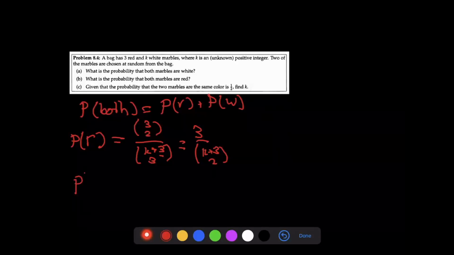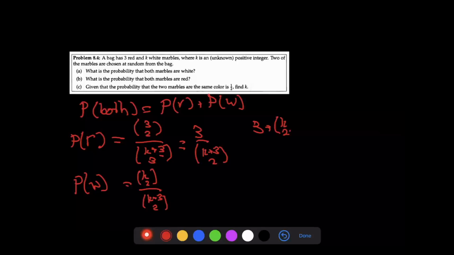What is the probability that both of them are white? That is equal to k choose 2 over k plus 3 choose 2, which can't be simplified. Which means the probability of both, which is equal to 3 plus k choose 2 over k plus 3 choose 2, is equal to 1/2.